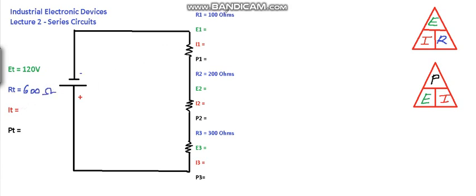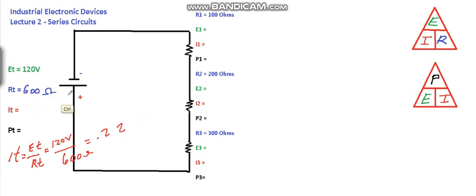We could find our total current by using Ohm's law. The total current is the voltage divided by the resistance, so IT equals ET over RT. 120 volts divided by 600 ohms is 0.2, or 200 milliamps. So we have 200 milliamps in there.